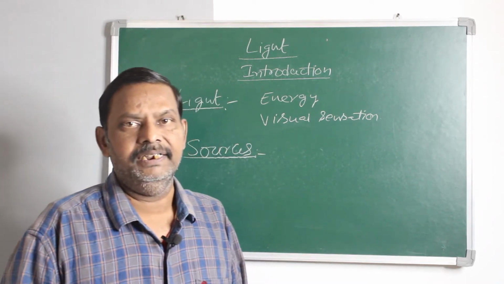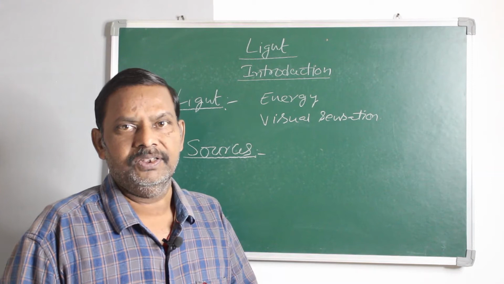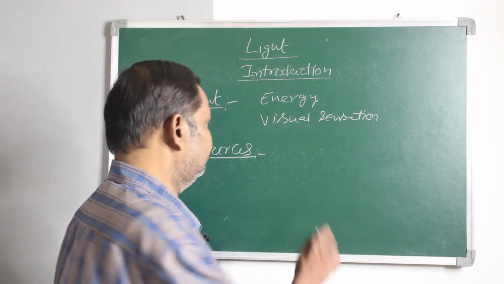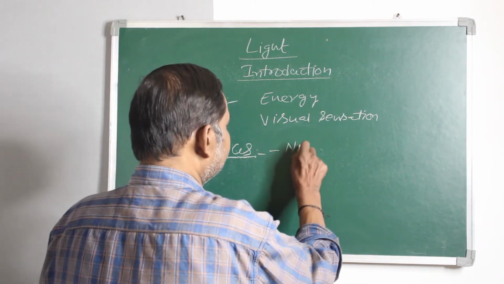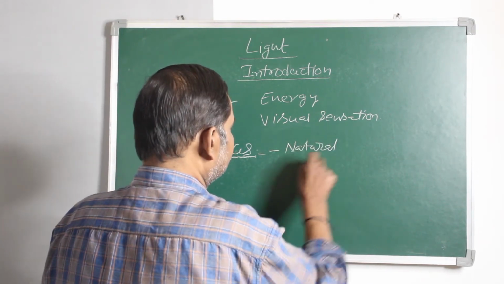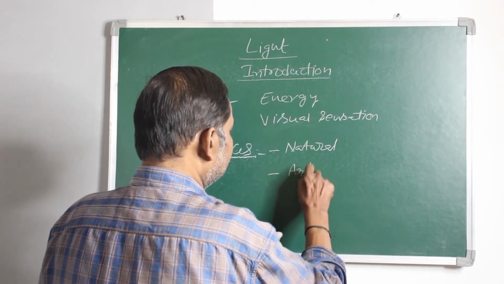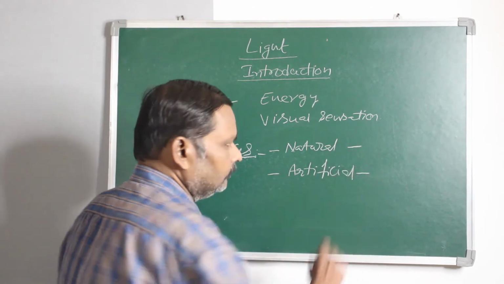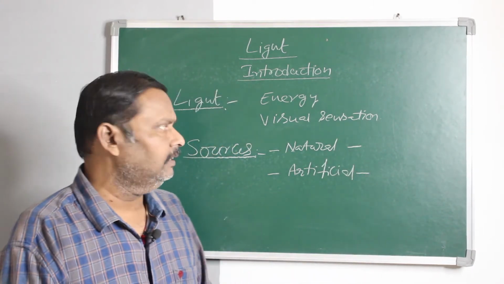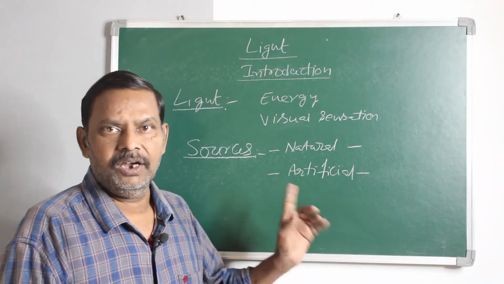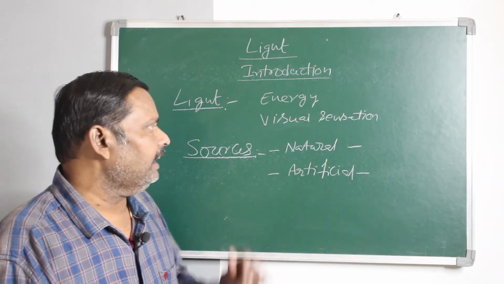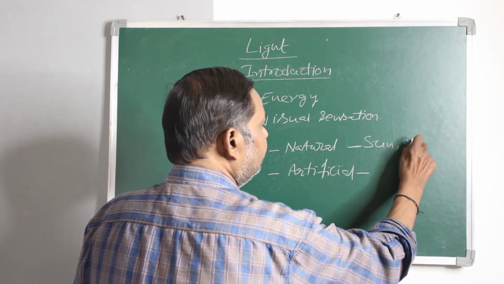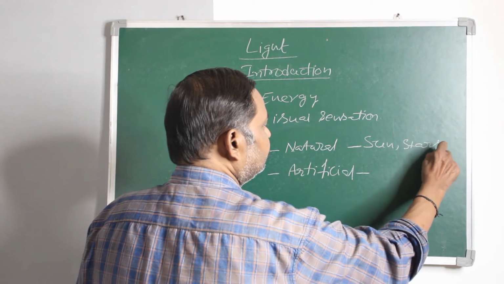These sources of light are divided into two types. One is natural, second is artificial source of light. For natural sources of light, the sun and the stars.